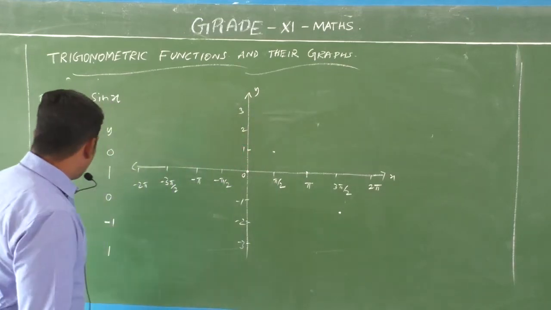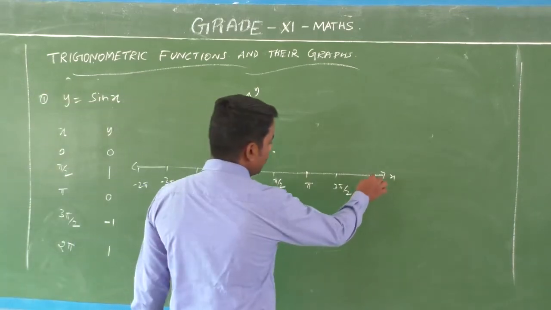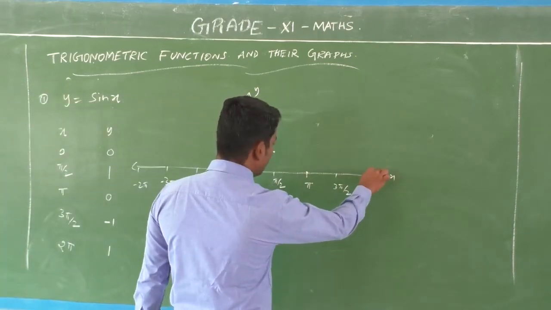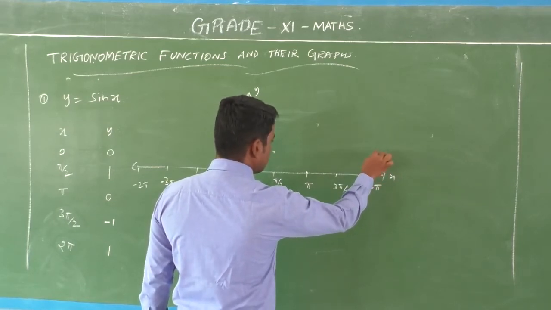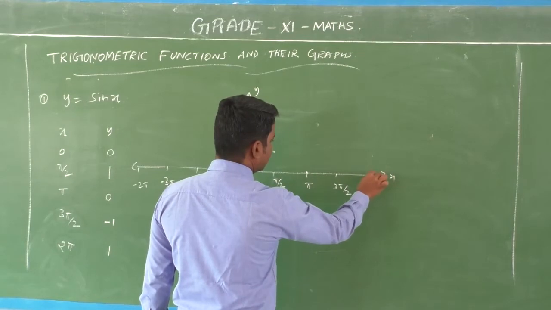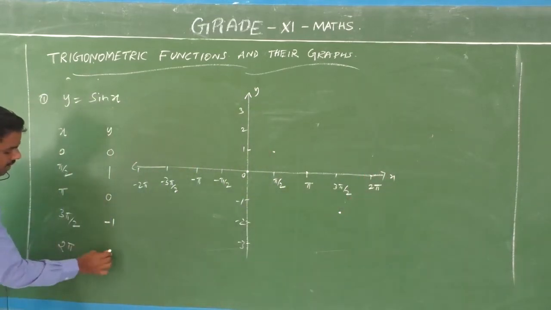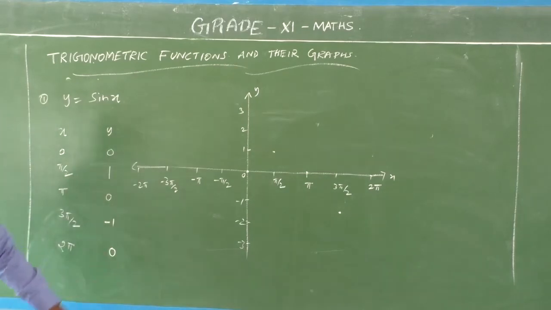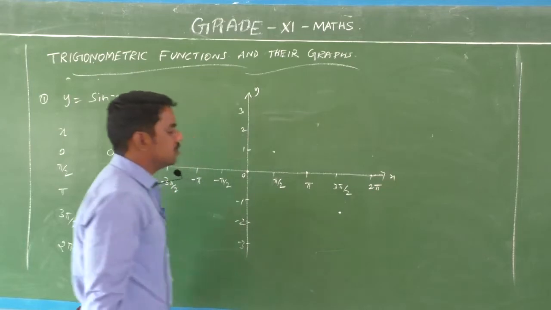And 2 pi comma 0. Sorry, y equal to 0, since sin 2 pi equals 0. So the point is 2 pi comma 0.